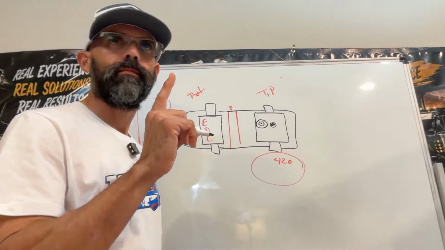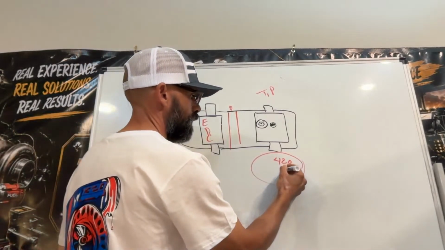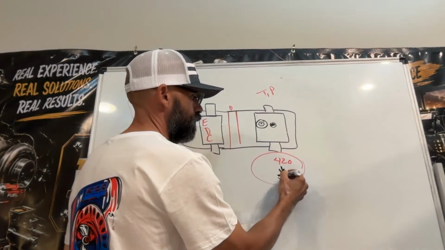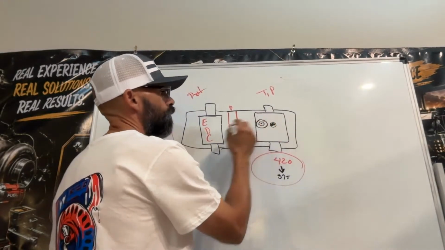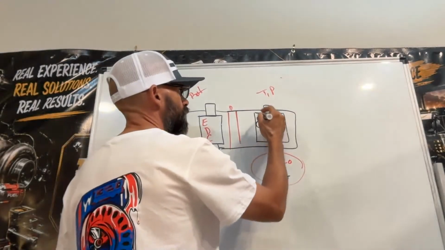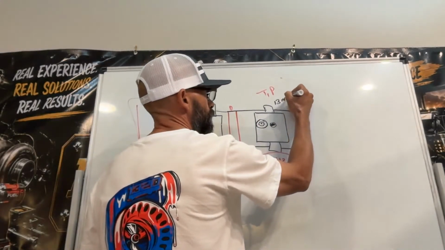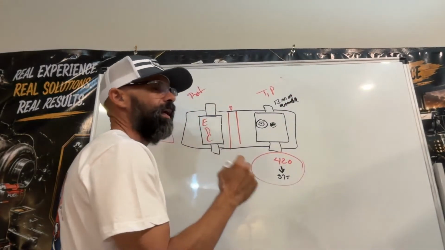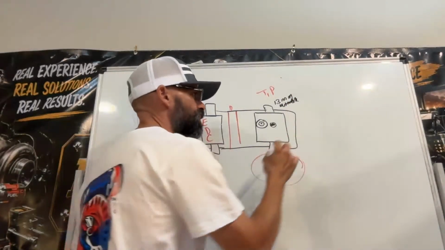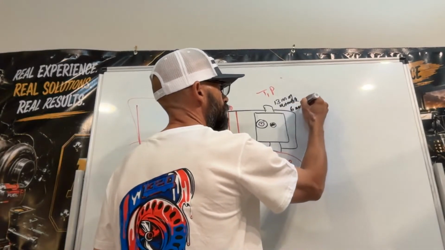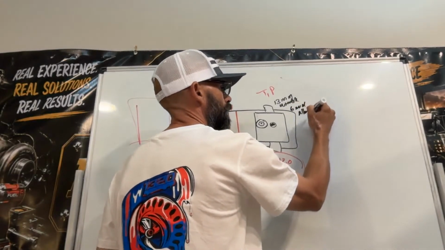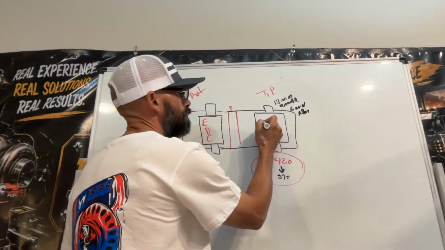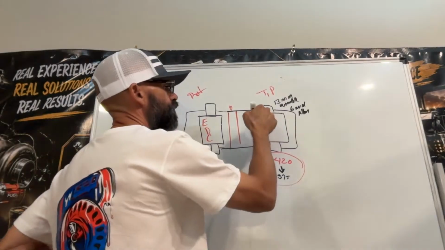All you gotta do, if you want to bring down this pressure from 420 to 375, grab a 13 millimeter wrench, and I think it's a 6 mm Allen. I think it's 6 or 4. I think it's 6. Yeah. You're gonna hold the set screw and you're gonna loosen the nut.